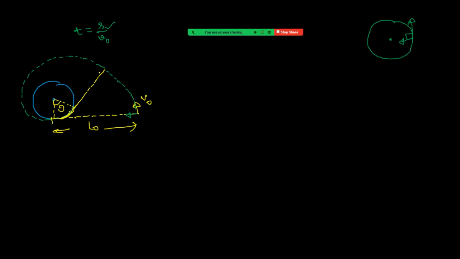So the remaining length is L naught minus r theta. This point is given as P. Suppose this is C and this is D. This BC arc length is r theta. Now the length of CD is L naught minus r theta.